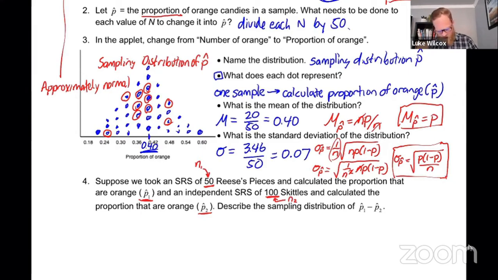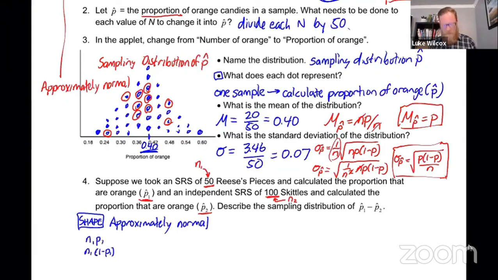Well, let's go ahead and handle this like we do anytime we describe a distribution. Let's start with the shape. And sure enough, it turns out that this shape, well, you can check to see if it's going to be approximately normal in the same way that we did up above, but we have to do it for both sampling distributions. So that means that n1 p1 and n1 times 1 minus p1 for the sample of Reese's Pieces have to be greater than or equal to 10.